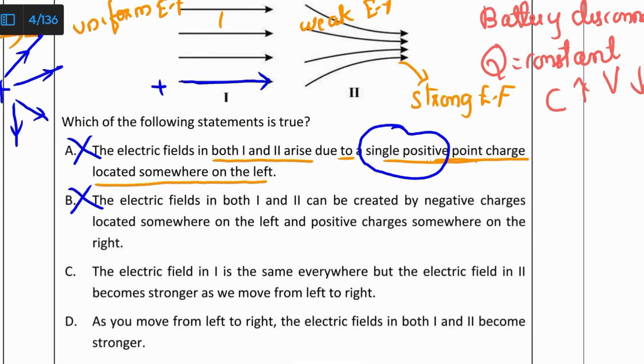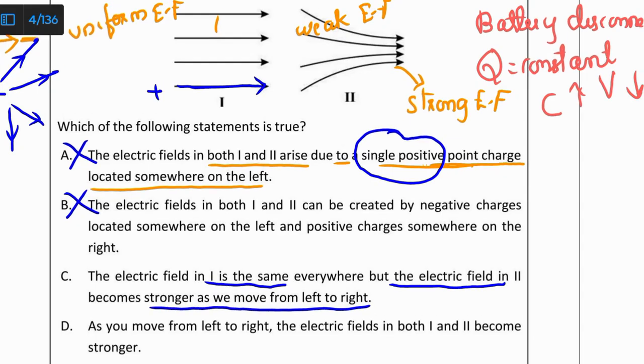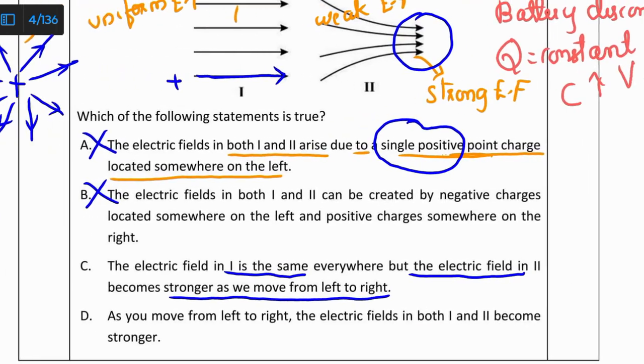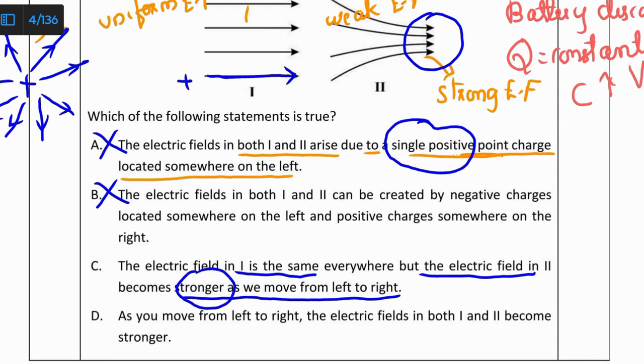Now we come to option 3: the electric field in 1 is the same everywhere, but the electric field in 2 becomes stronger as you move towards the right. Is it correct? Yes, because in 1 it is a uniform electric field, but in 2, towards the right, the field lines become stronger because they are crowded there.